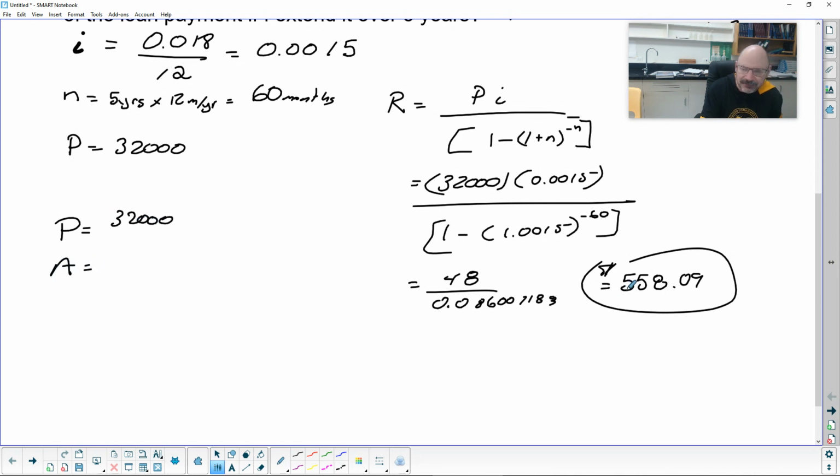Well, that's 60 payments of this. So 60 times $558.09. Okay, when we do that, we get 33,485.40. Okay, and the interest is just the difference between these two.